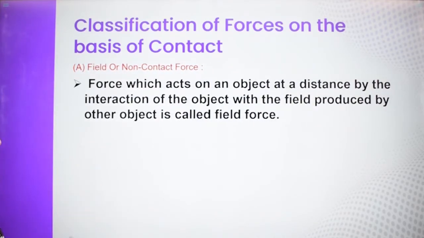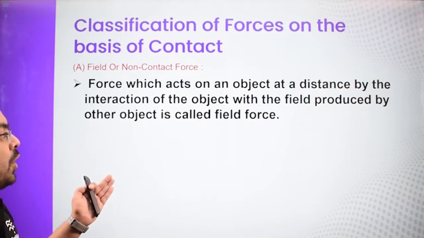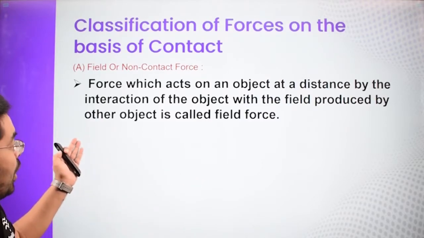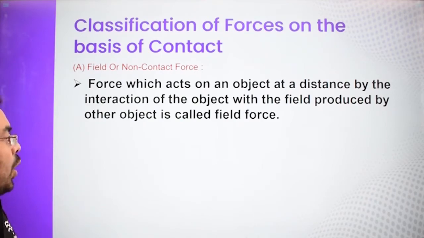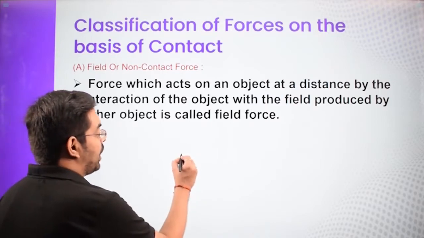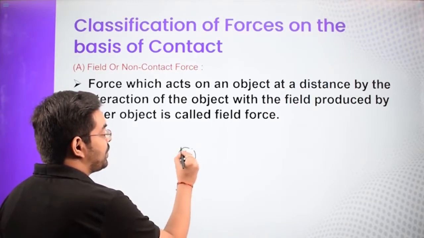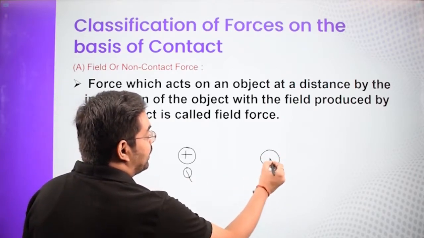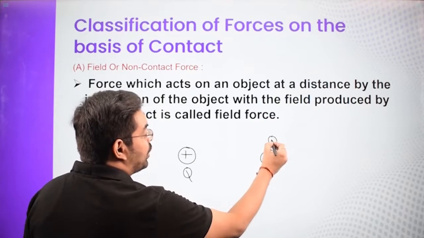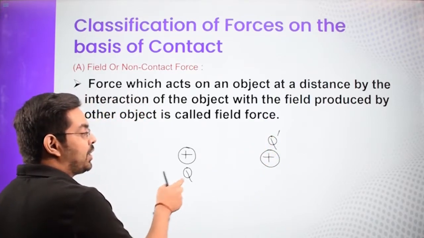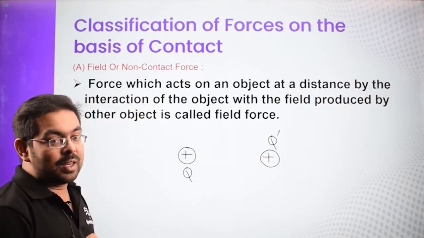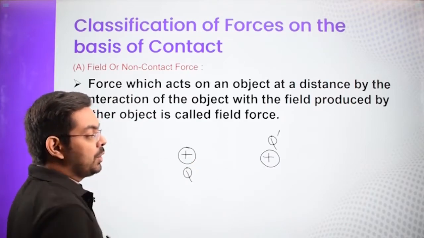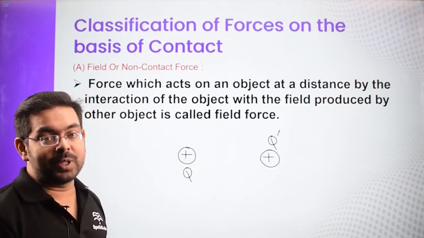देखो, force which acts on an object at a distance by interaction of the object with the field produced by the other object is called field force. देखो, अगर बेटा there is a positive charge, suppose Q, and there is another particle, suppose Q dash. So this Q applies a repulsive force on this Q dash, but without any actual contact between them.